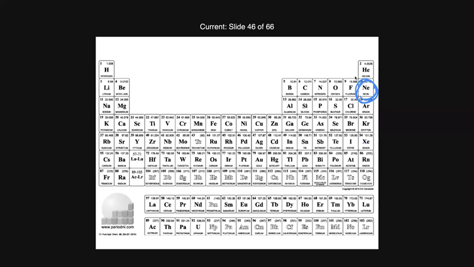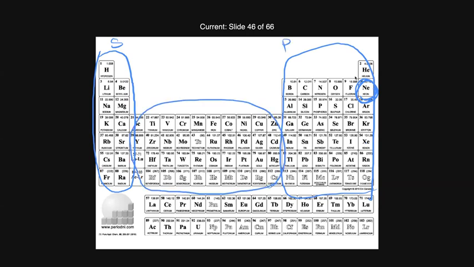Okay, so if you want to label, these two are the s block. This whole thing right here is the p block. So s, p, and then d would be in the middle, and then f would be the lanthanide actinide group, right? So this would be an f. So for s, we are going to start from what? 1s, right?